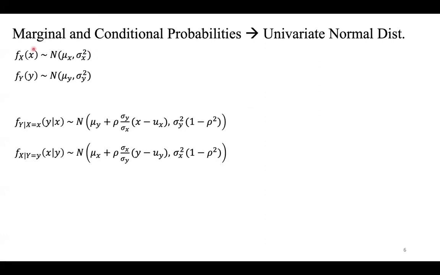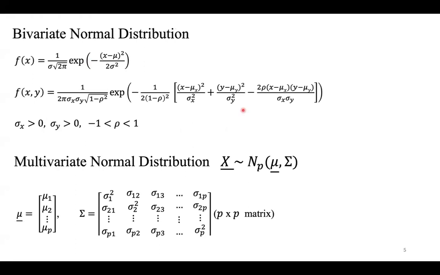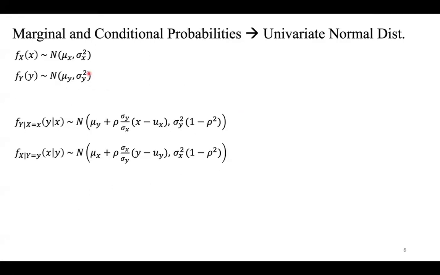So if it's the marginal probability of the random variable x, it becomes a normal distribution just in x. You integrate wherever there is y and y-related parameters, and y goes out of the equation. What you end up seeing is a simple univariate normal distribution.